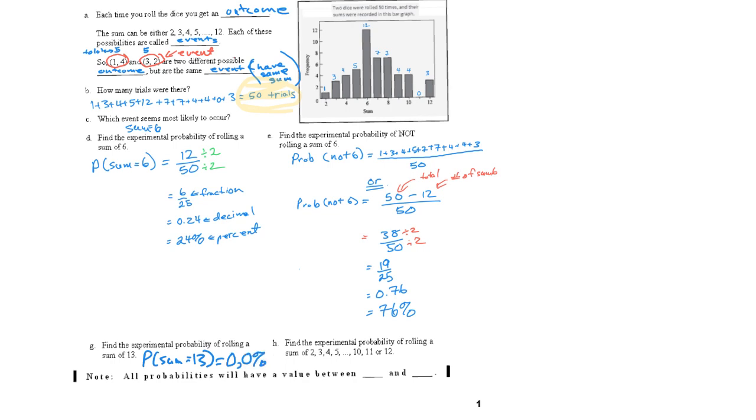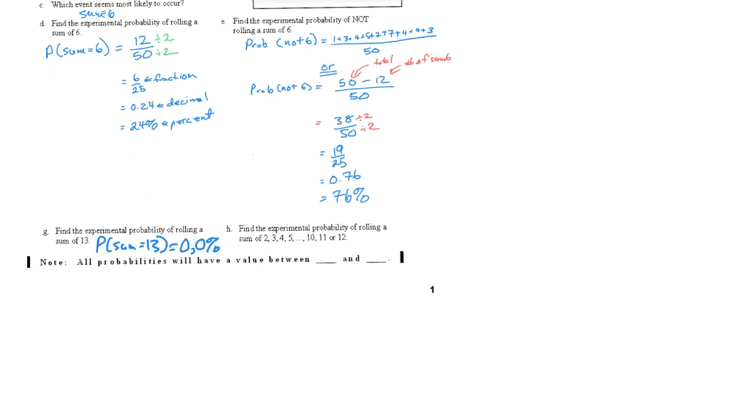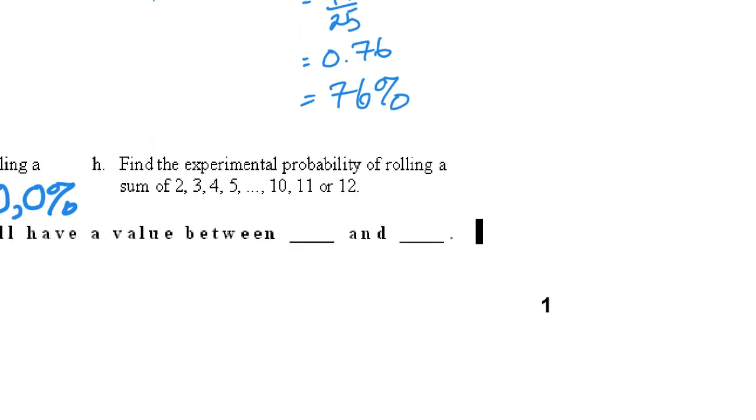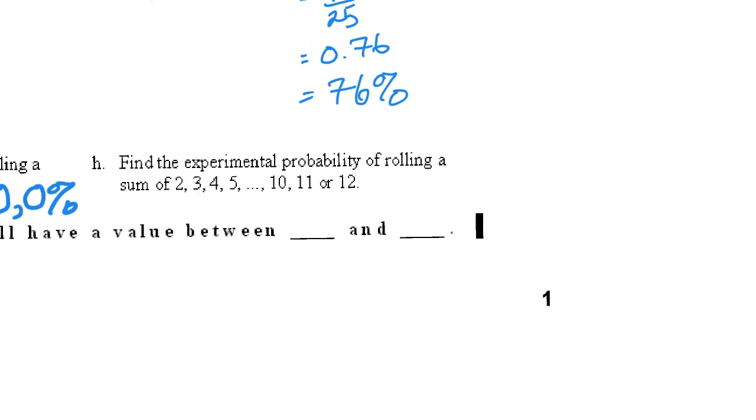Okay? Now, let's take a look at this last problem. This last problem says find the experimental probability of rolling a 2 through 11, or a 12. How would we do that? Note, all the probabilities are between 0 and 100%.